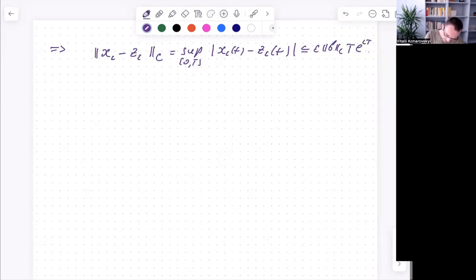But the most important thing is that here we have epsilon. And if epsilon goes to zero, this one will also go to zero as epsilon.